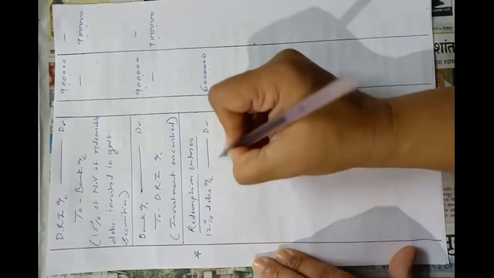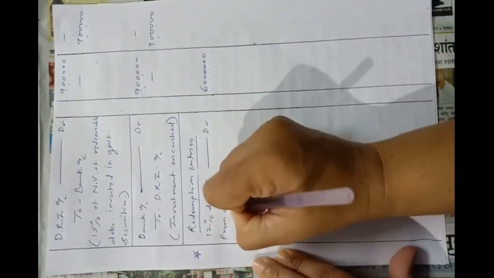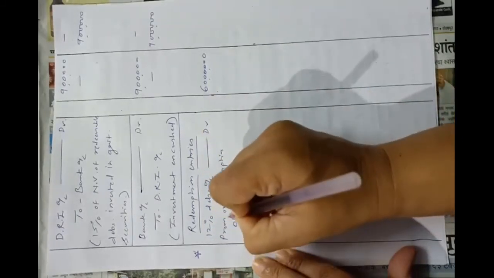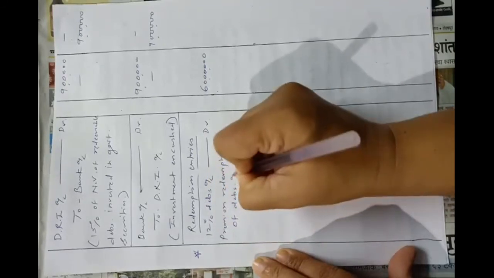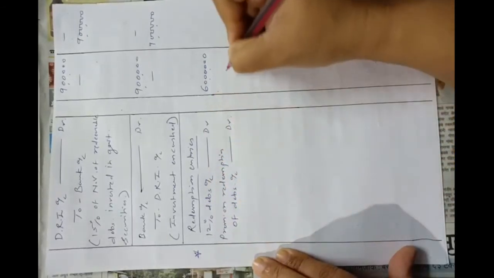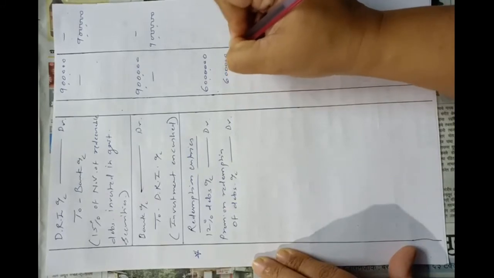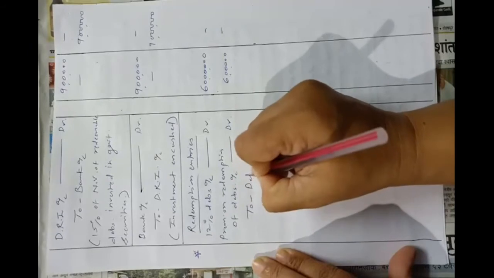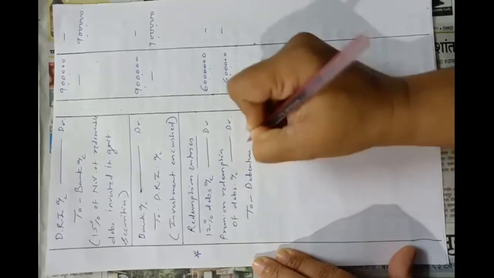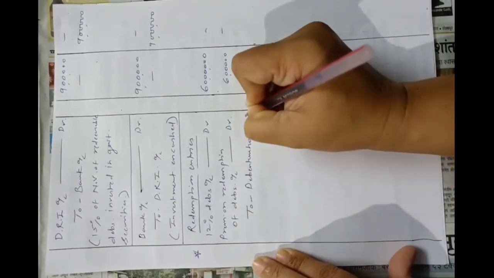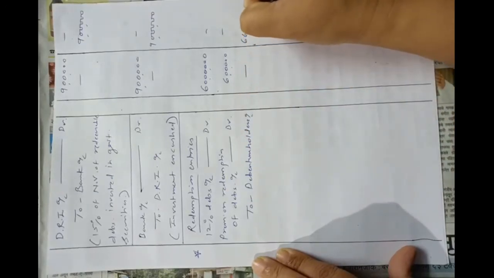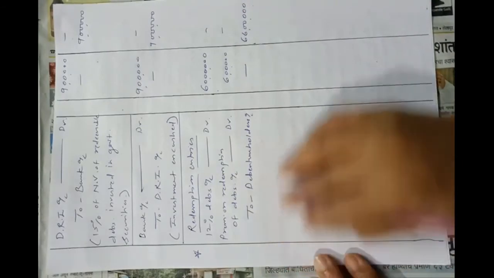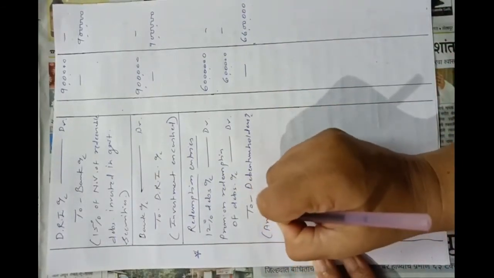Now premium on redemption of debentures account, debit 6 lakhs. So total amount payable to debenture holders, 66 lakhs. Understood? So narration will be paying amount due to debenture holders.